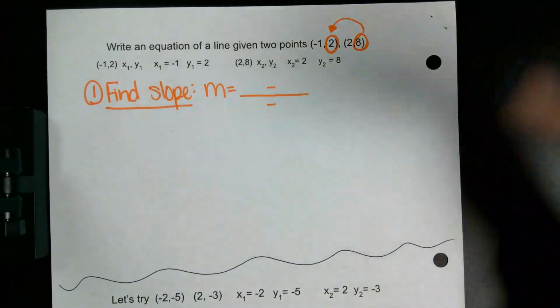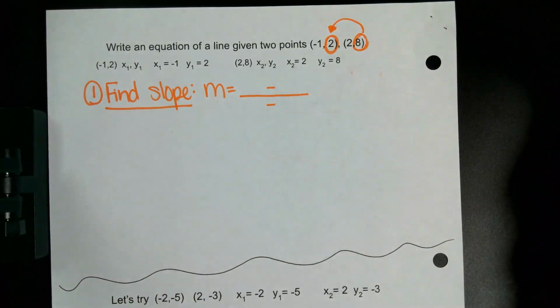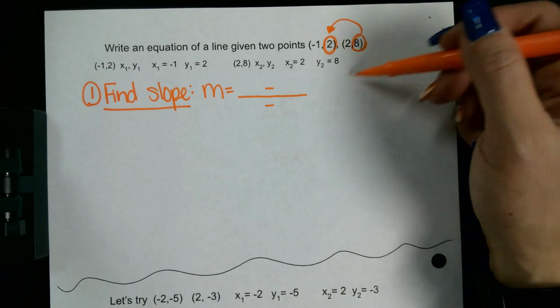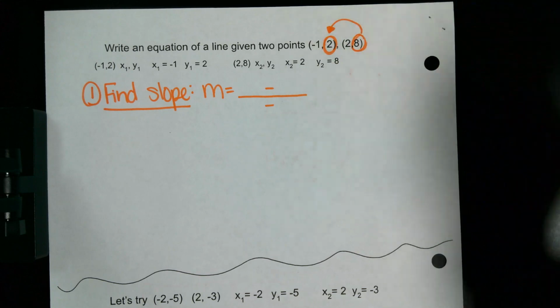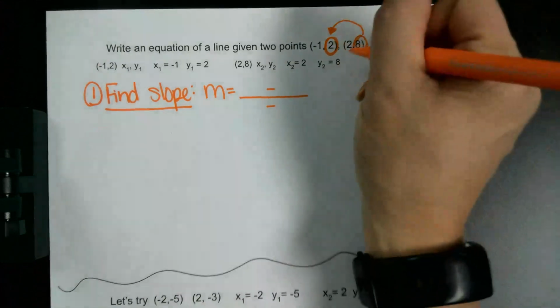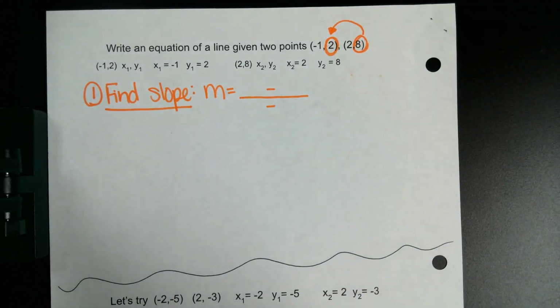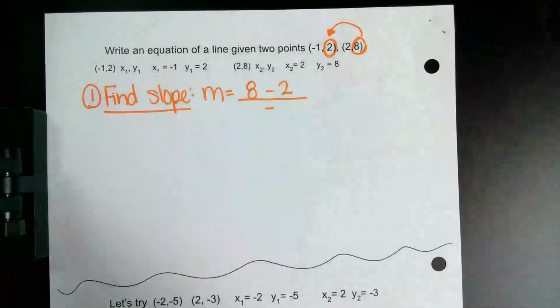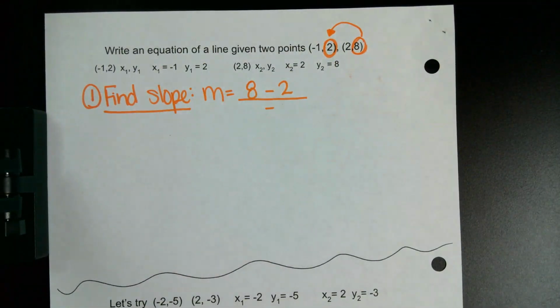I know Aiden typically goes the other direction, so if Aiden goes 2 minus 8 up top, he has to make sure he does -1 minus 2 on the bottom. Okay, so his will be opposite of mine, but we'll still get the same final answer. So I would do 8 minus 2 for the two y values.